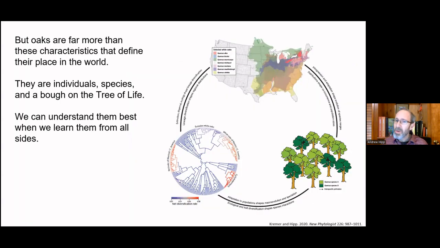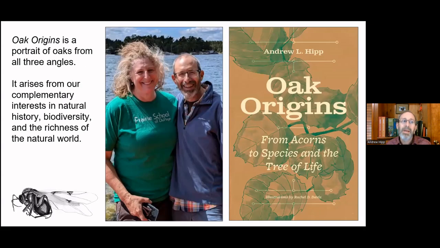But oaks are much more than just these characteristics that define them. They're individuals, they are species, and they're a bough on the great tree of life that connects all living things, going back to the dawn of life roughly 3.8 billion years ago. We can understand oaks best, any organisms, if we think of them from all of these angles.